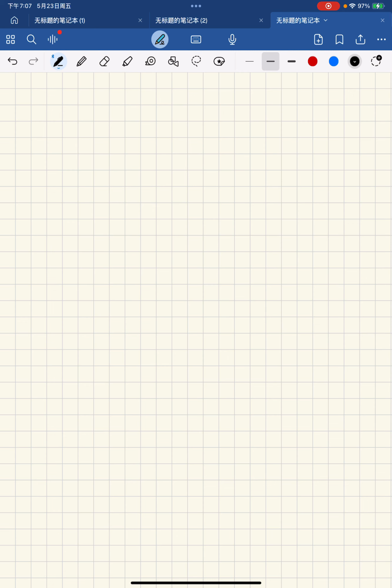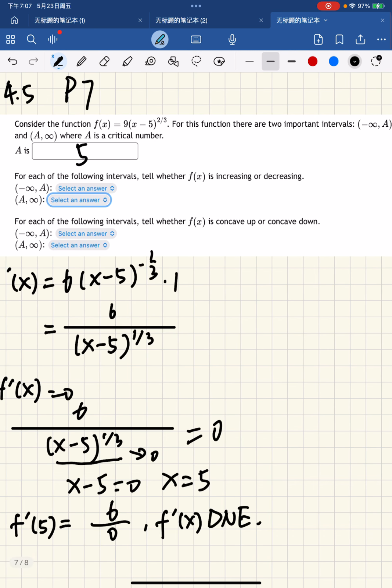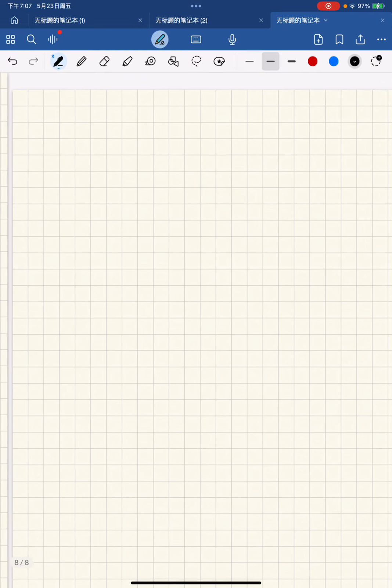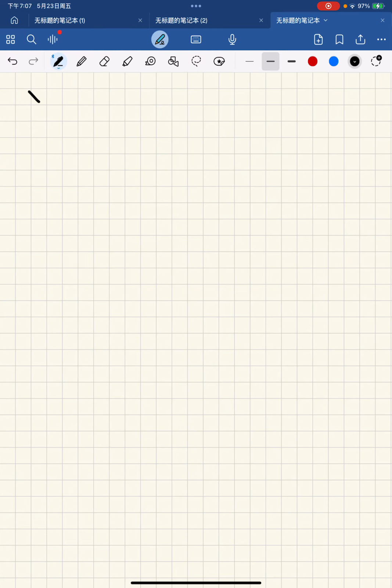Next, we need to find the increasing and decreasing of each interval divided by the A. So there are actually two parts. First part is x in the negative infinity to the A, which is 5. So we can just find a value inside that interval.